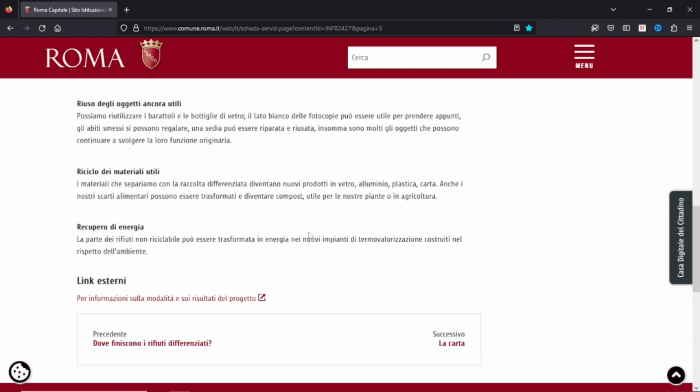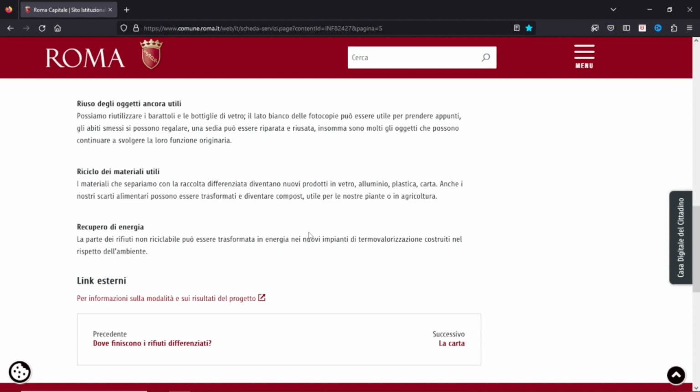So barattoli must be something made of glass. In lato, the white side of photocopies can be used to make notes. Okay, so they're talking about reusing paper to write notes on.